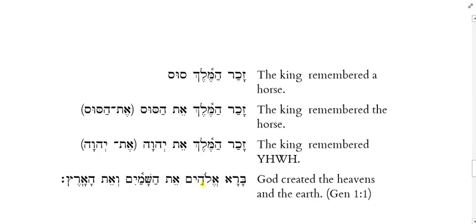Bara Elohim, God created, et hashemayim ve'et haaretz. Here, when you have a compound direct object, Hebrew will frequently write the direct object marker twice before each part of the compound direct object. God created two things that are definite, the heavens and the earth.